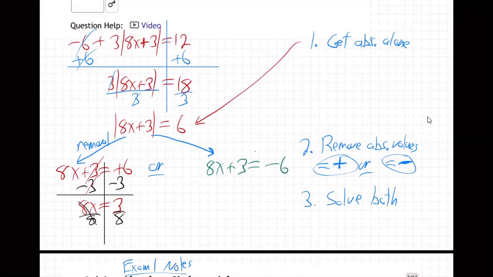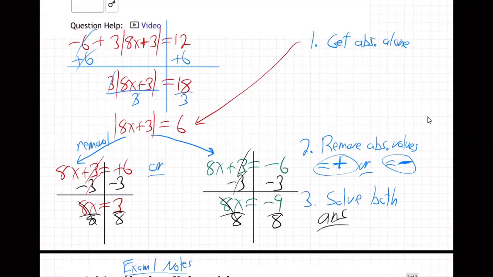So the other one, we're going to do similarly. Subtract 3 from both. Those cancel. 8x is minus 9. Last step, divide by 8. There it is. There's our 2 answers. Our answers are 3/8, minus 9/8. There we go.